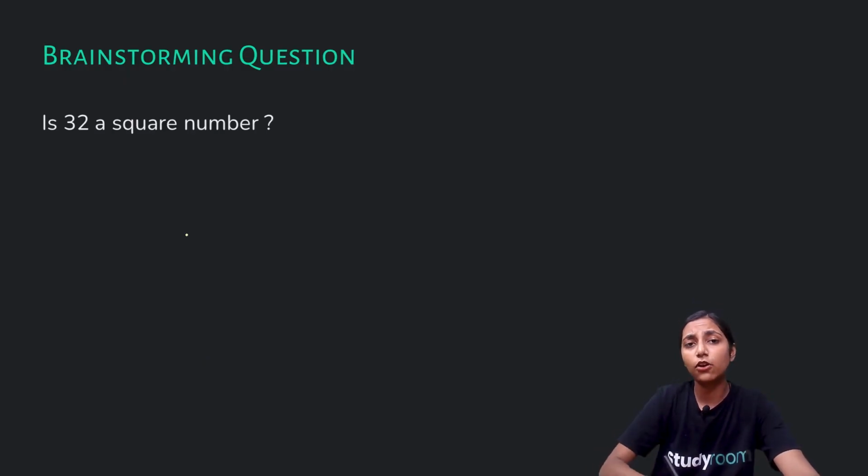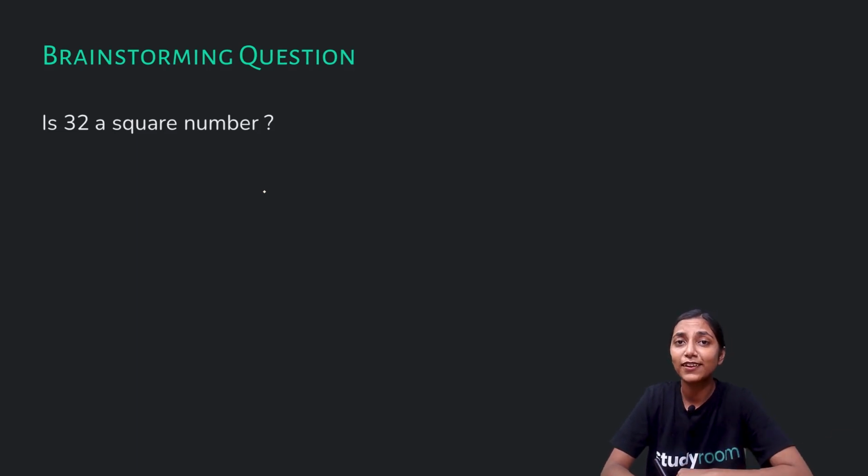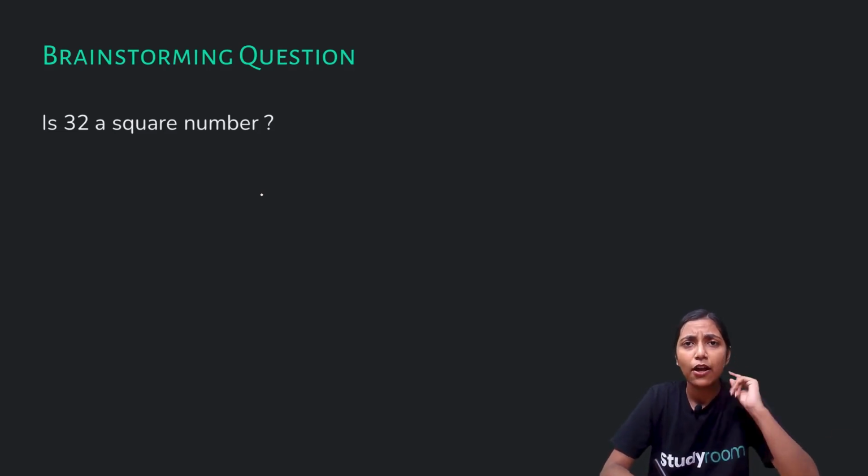Now we have a brainstorming question. It is written as, is 32 a square number? Just brainstorm and find. We know that 1 square equals 1, 2 square equals 4, 3 square equals 9, 4 square equals 16, 5 square equals 25 and 6 square equals 36. So after 25, the next square number is 36.